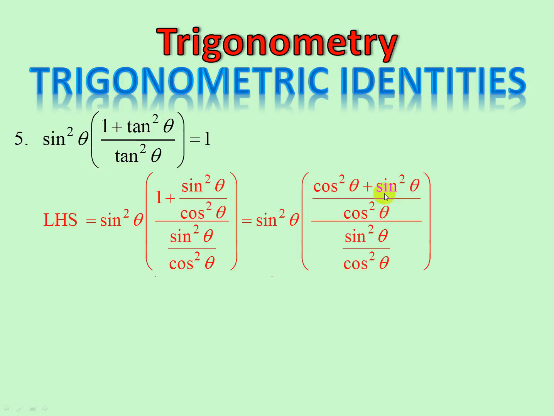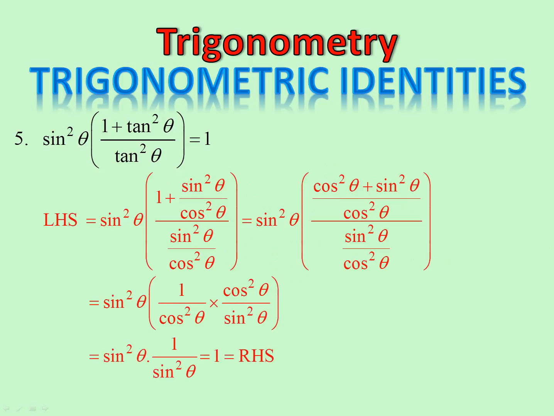Sine squared, so I found a common denominator there, cos squared plus sine squared over cos squared, and left the bottom as it is. That becomes the top line, which is 1 over cos squared, there it is, multiplied by the inverse, which gives us sine squared times, that cancels, 1 over sine squared, 1.